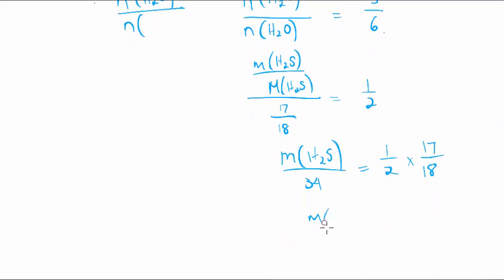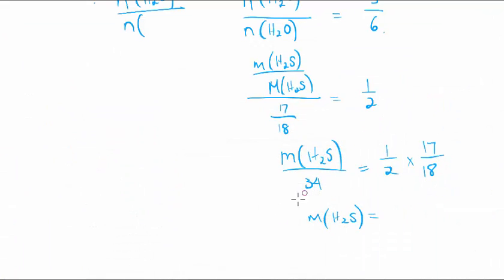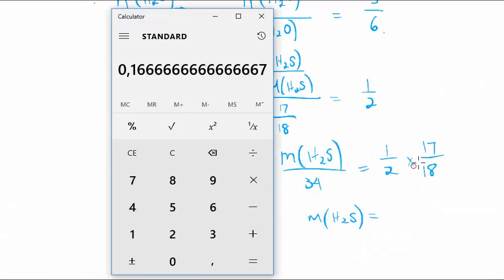So the mass of H2S that will be produced is 17 over 18 times 1 over 2 times 34, which is equal to 16.06.